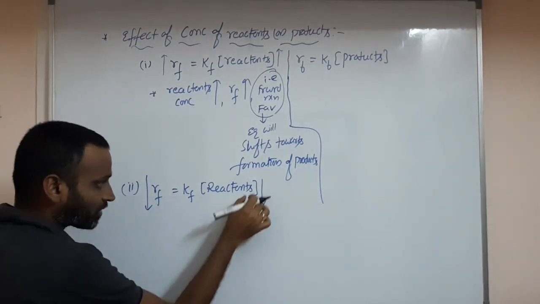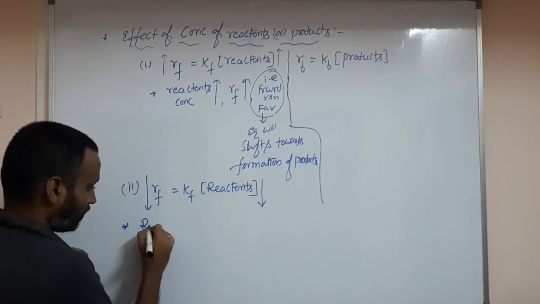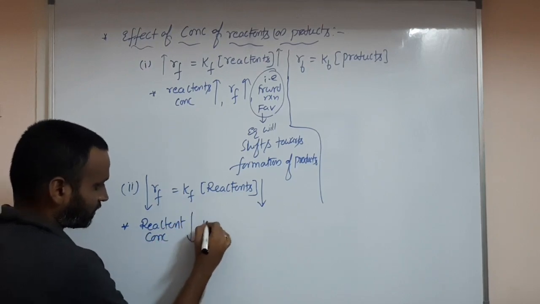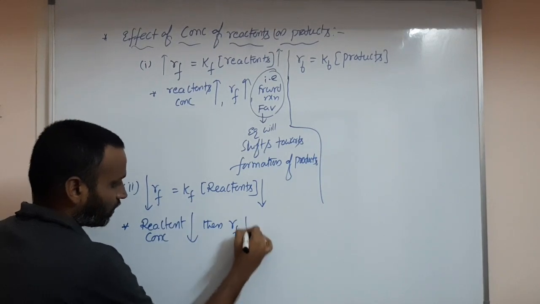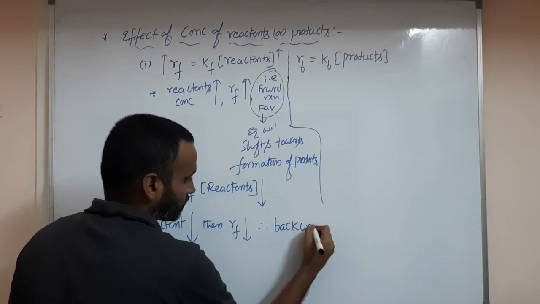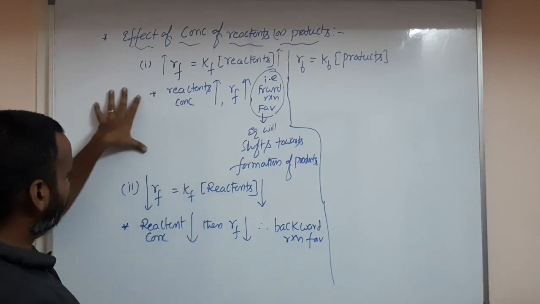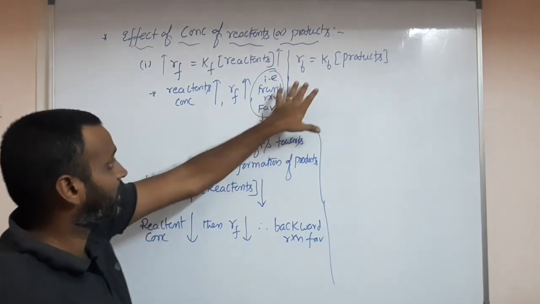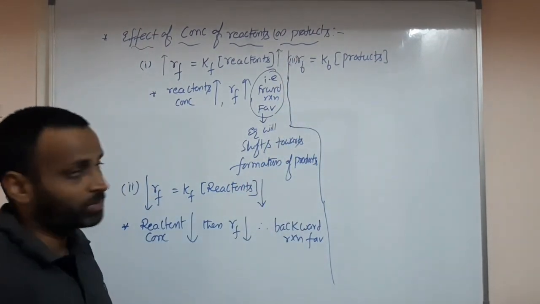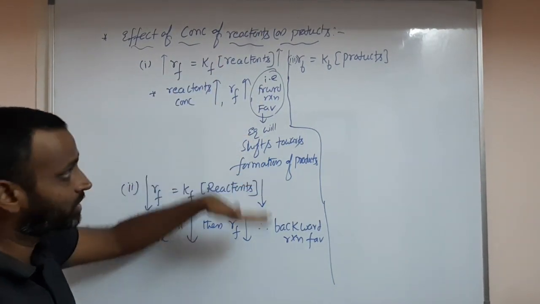Now if reactant concentration decreases, the rate of forward reaction decreases, therefore the backward reaction is favored. So these are two points about reactant concentration increase and decrease.